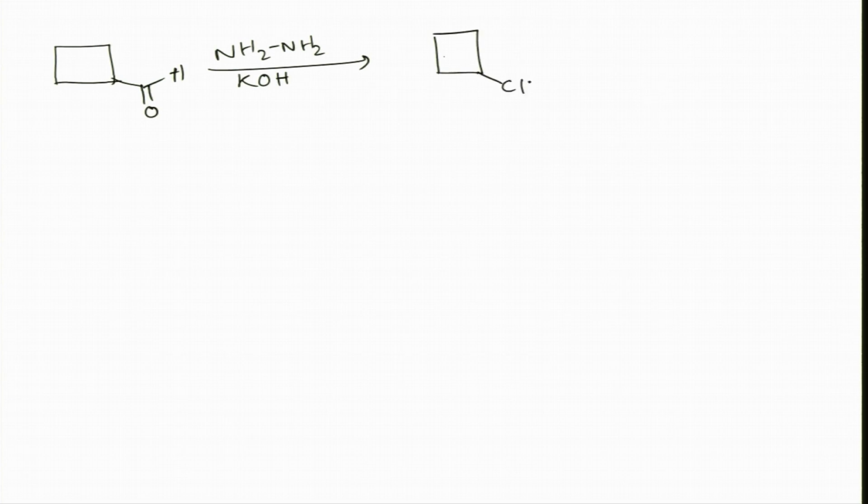If this is an aldehyde and it is treated with hydrazine and potassium hydroxide, then it gives this alkane. We have completed the methods of preparation of alkanes from other types of compounds.